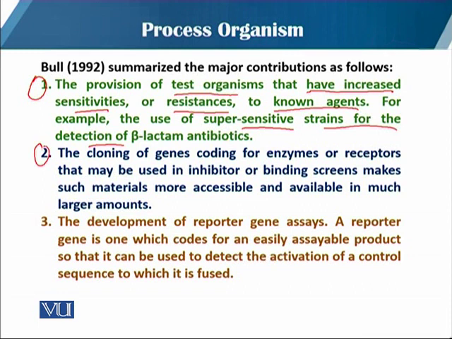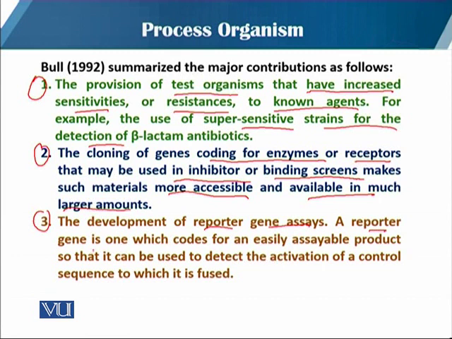Second, the cloning of genes coding for enzymes or receptors that may be used in inhibitor or binding screens makes such material more accessible and available in larger amounts. Third, the development of reporter gene assays.